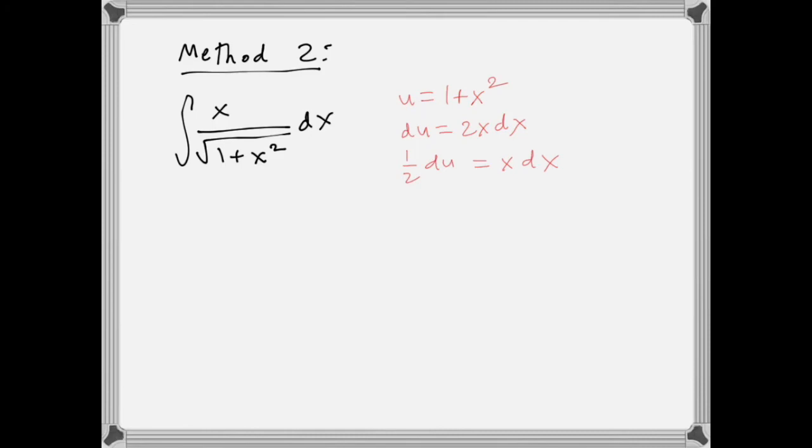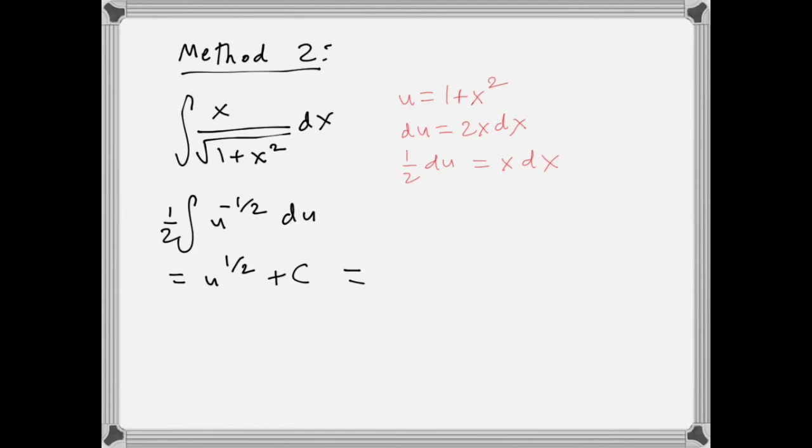And so, what do we get here when we replace it? We get u to the negative 1/2. I have a 1/2 out here as well, right? And then use the power rule. This is just going to be u to the 1/2 divided by 1/2, so that goes away. So it's just u to the 1/2 plus c.